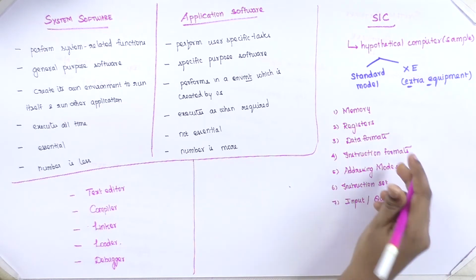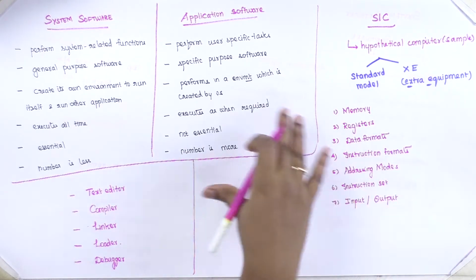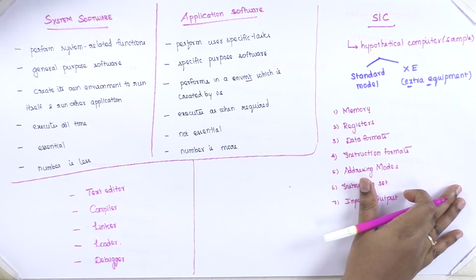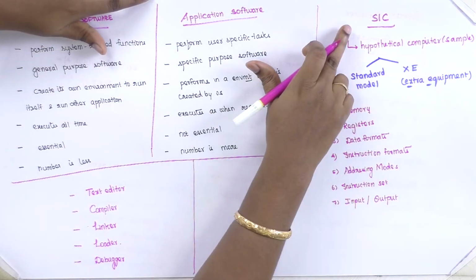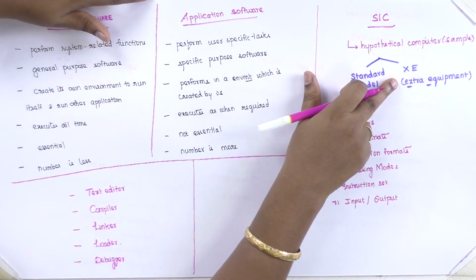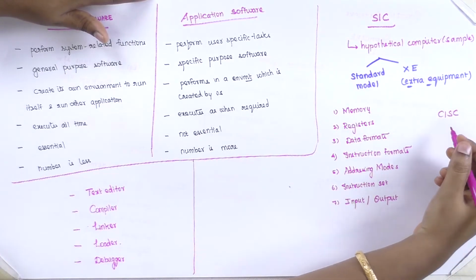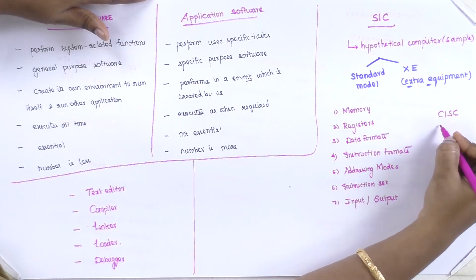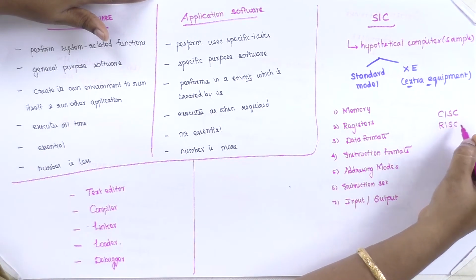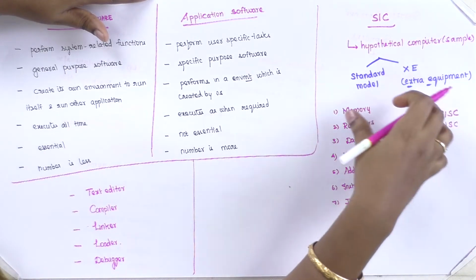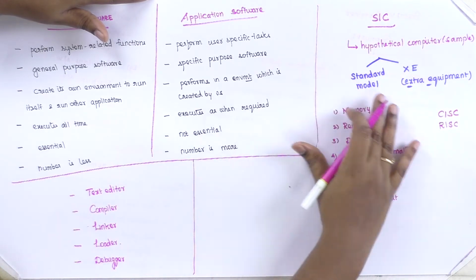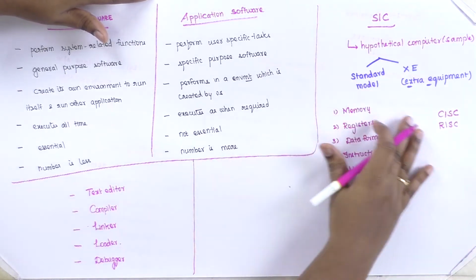So these are the hardware features that we are going to see in all our architectures. First we will see SIC, then SIC XE, then CISC, complex instruction set computers, then RISC, reduced instruction set computers. All these 7 features we are going to see in all these architectures.